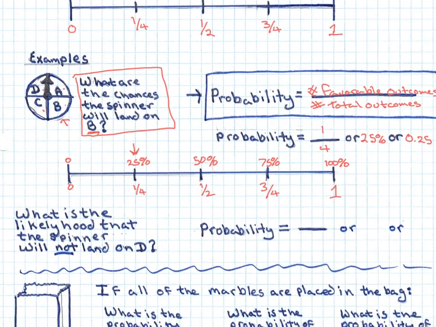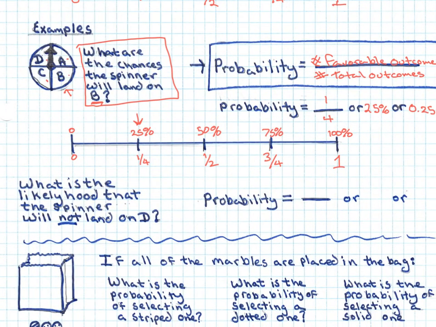Okay, now we're going to look at the second part of this problem. And now we're being asked, what is the likelihood that the spinner will not land on D? So I have to figure out the number of favorable outcomes. Well, I want it to not land on D. So there's 1, 2, 3 favorable outcomes where it will not land on D. So that's my numerator.